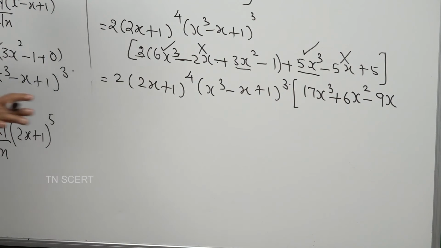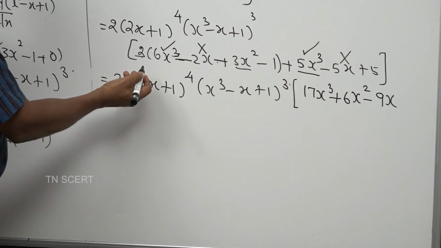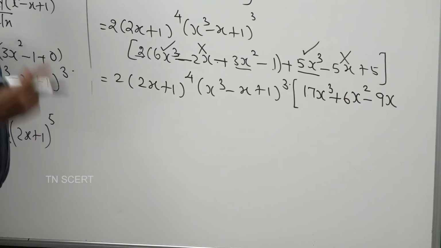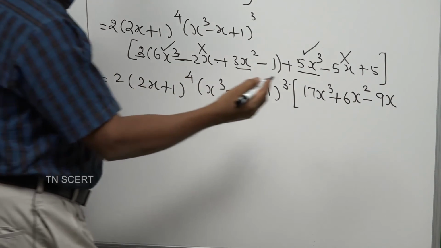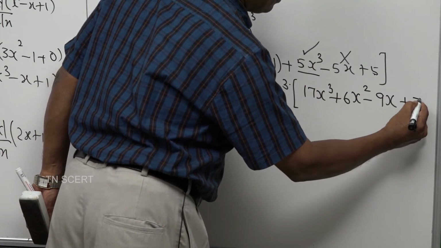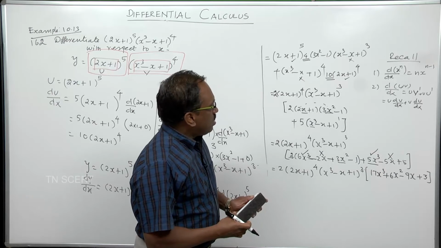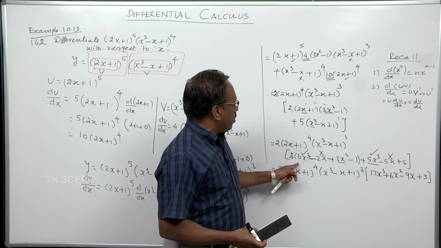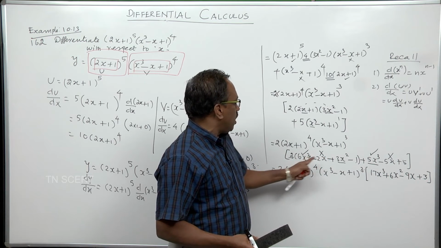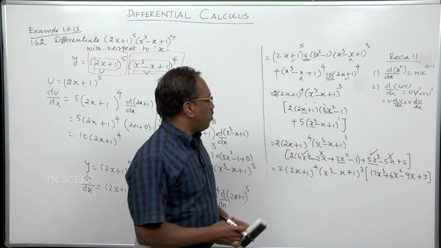That part let us see. Now here 2, here it is minus 1. 2 and minus 1, how much? Minus 2. That is minus 2 plus 5, it is nothing but plus 3. 17x cube, 6x square, minus 9x plus 3.